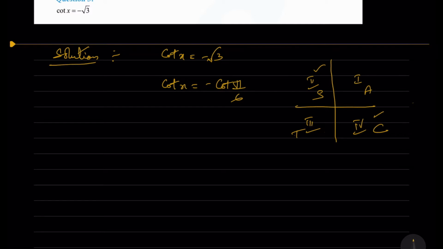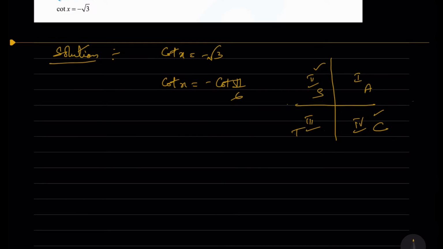So we can take this as, this is pi and this is 2 pi, we know that. So we can take it as pi minus theta, and here you can take it as 2 pi minus theta. So therefore cot x is equal to, it is negative in that part because we are getting a negative sign, therefore we have to take that.